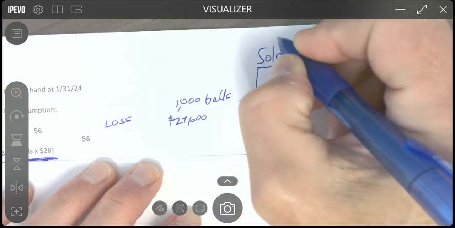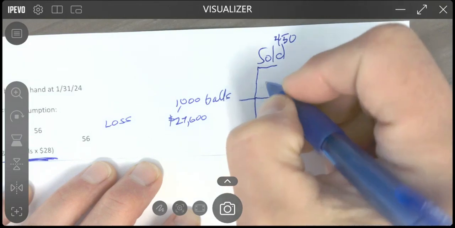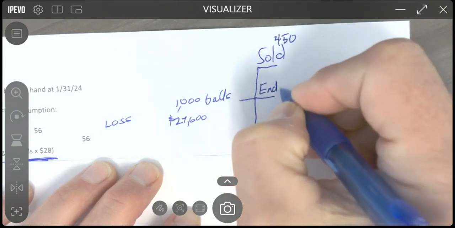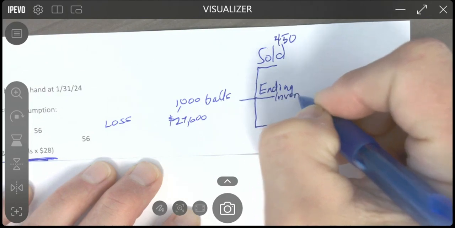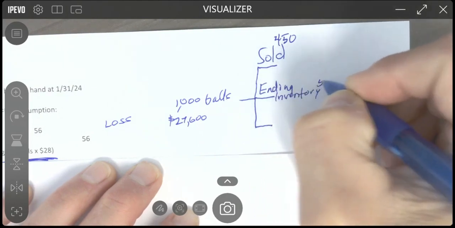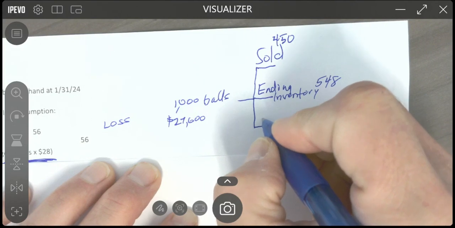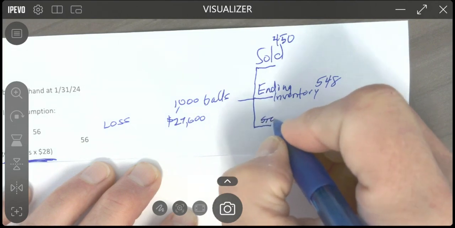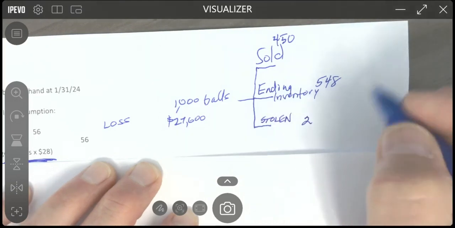Sold, 450. Ending inventory, 548, and stolen or lost 2.